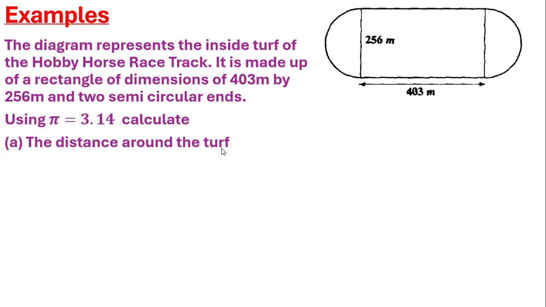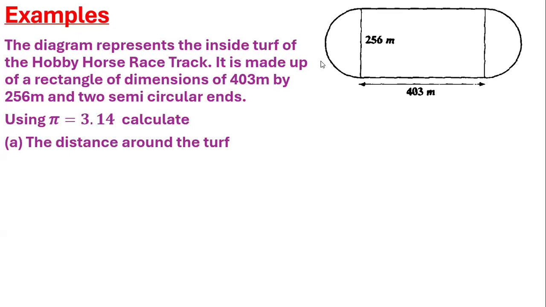Tayden Johnson, can you read the question for me, please? The diagram represents the inside turf of a hobby horse race track. It's made up of a rectangle of dimensions of 403 meters by 256 meters and two semicircular ends. Using pi equals 3.14, calculate A, the distance around the turf. Go ahead, Karan Johnson, read the question for me, please.